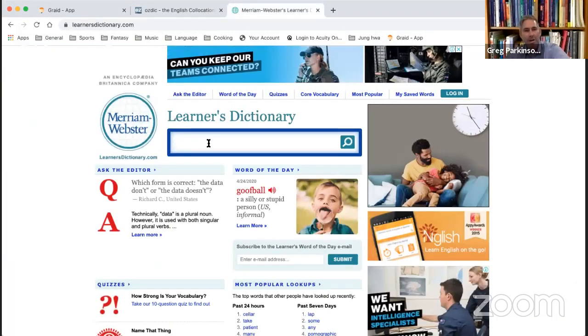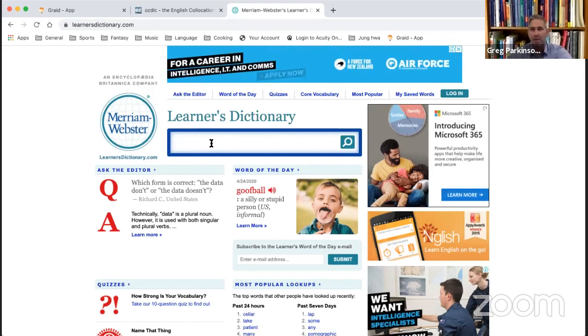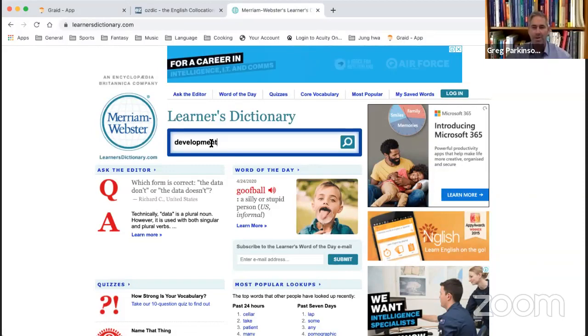Now, Merriam-Webster, if you're not aware, is an American dictionary. The spelling I use in my webinars when I write is based upon British spelling because I'm from New Zealand and that's our spelling convention. It doesn't matter where the dictionary is from. What's more important is I think this is a wonderful dictionary for English learners, and I want to show you why.